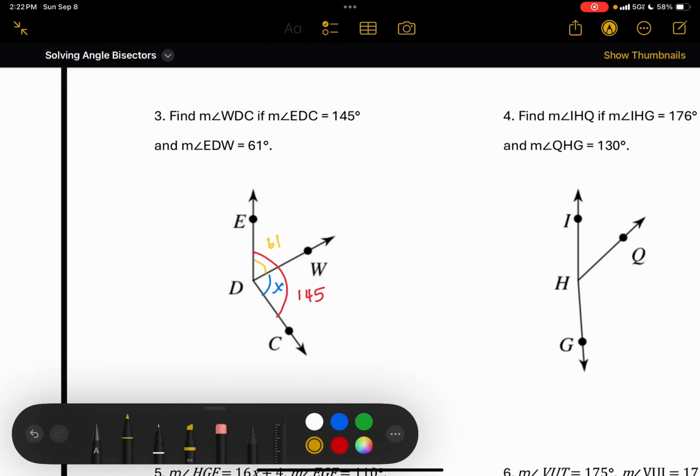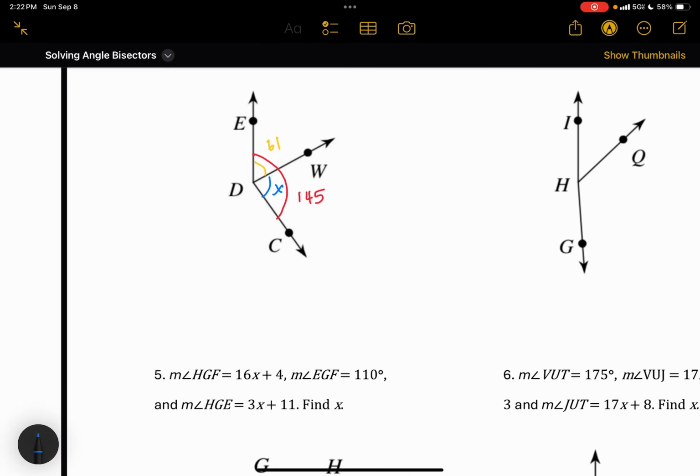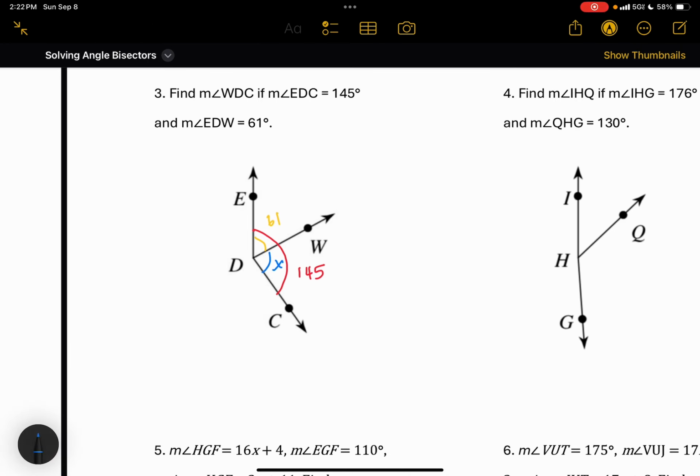So back to what we know. All right, my whole angle is angle EDC, and we're adding EDW and WDC.